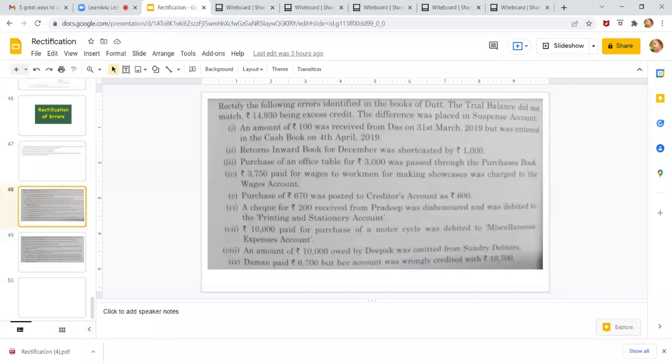Okay, so in the suspense account, the date is March 31st, 2019.